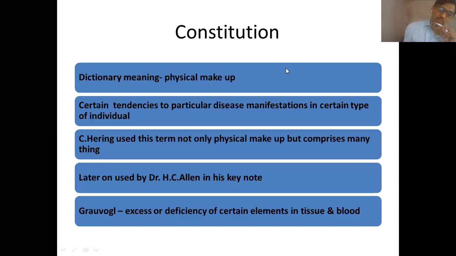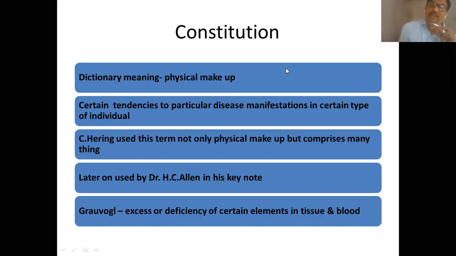He has used information available in other systems of medicine, certain other concepts, and he has used these concepts in the homeopathic Materia Medica, and he has rampantly used this term constitution in his Guiding Symptoms.